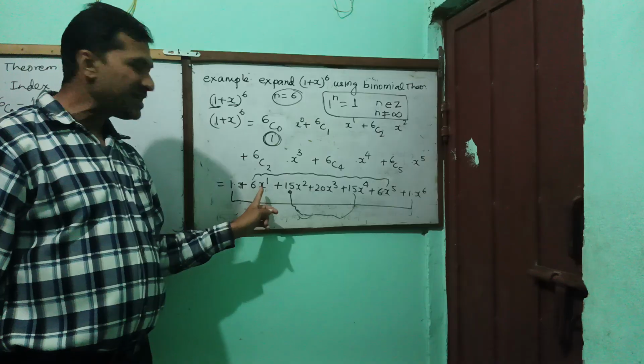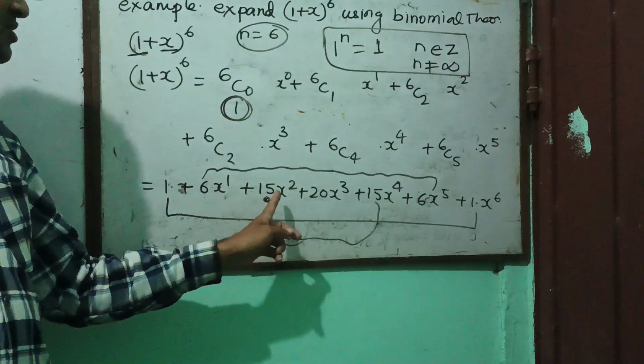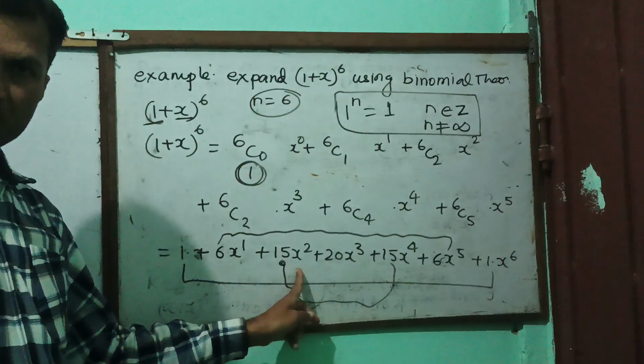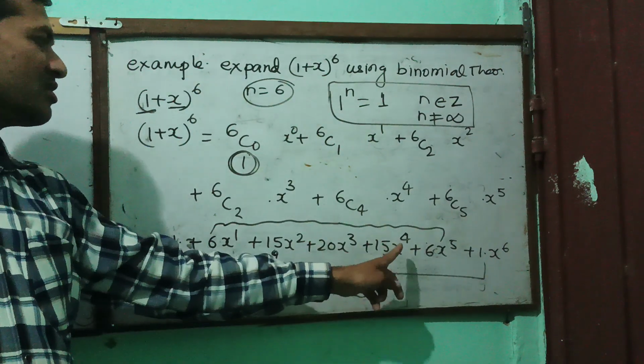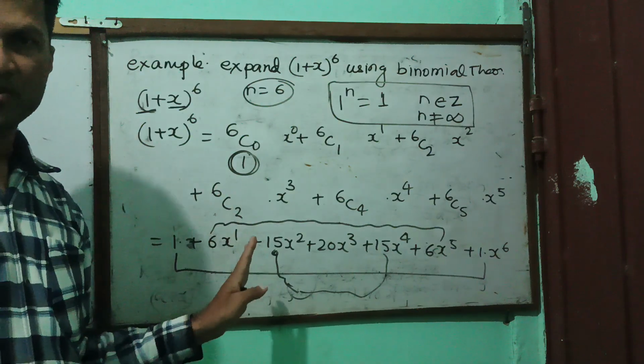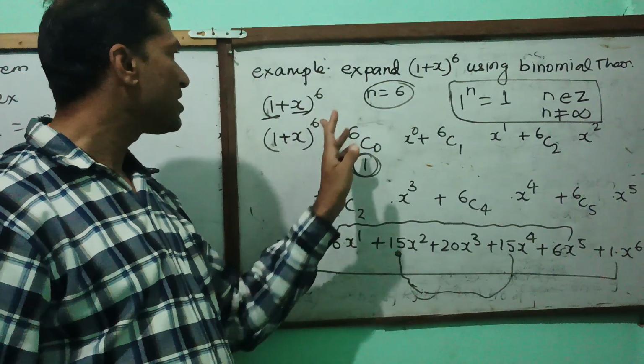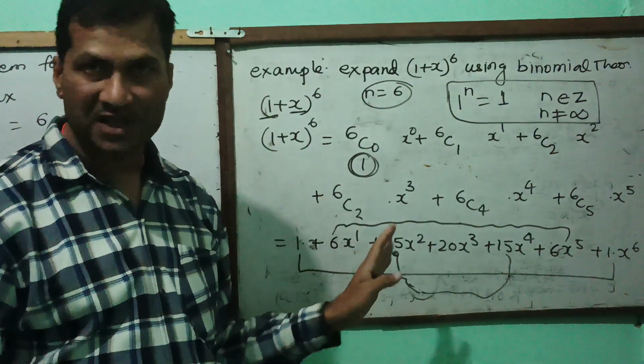The coefficient of the second term from the beginning and the second from the last is same. The coefficient of the third term from the beginning and the third term from the last are also same. So this is one property also. So this much for 1 plus x to the power 6, etc.